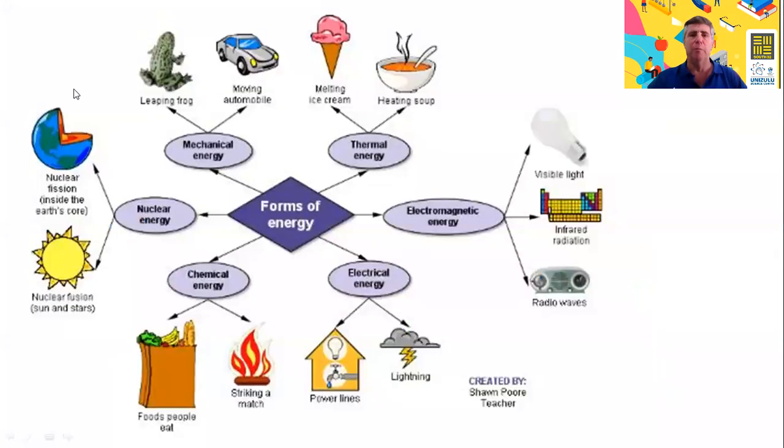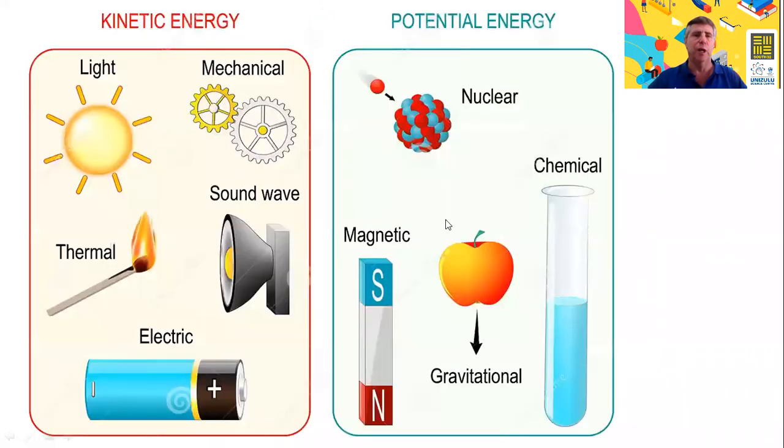There's many different types of energy like mechanical, thermal, electromagnetic, electrical, chemical, and nuclear. But physicists quite often like to classify energy into just two types: kinetic energy, involved with movement, and potential energy, involved with stored energy. So in all these cases, there's something moving.